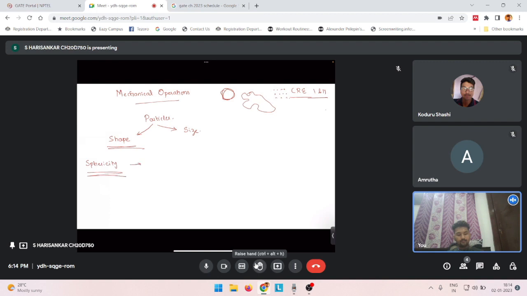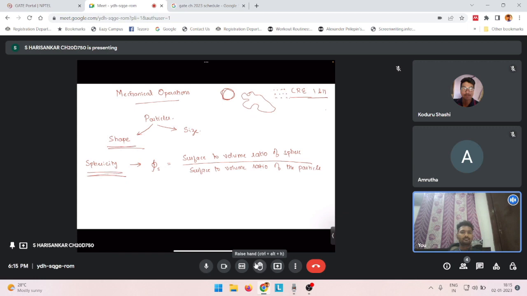So sphericity is represented as phi, or in some terms also as phi s, with the s for sphericity. It is basically the ratio of surface to volume ratio of sphere by surface to volume ratio of the concerned particle, right?